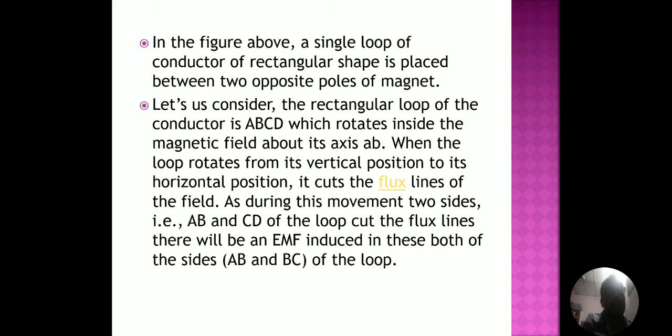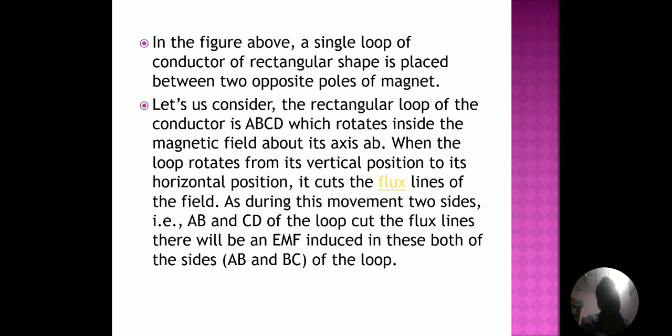In the above figure, a single loop of conductor of rectangular shape is placed between two opposite poles. Let us consider this rectangular frame ABCD rotates in the magnetic field about its axis. When it rotates from its vertical position to horizontal position, it cuts the flux lines of the field.